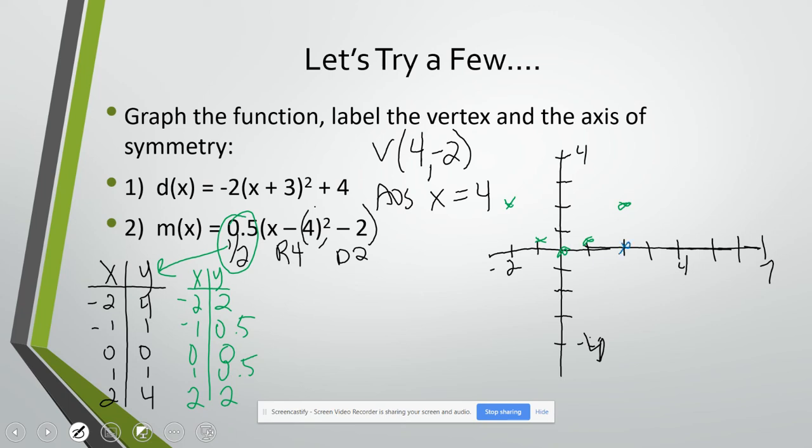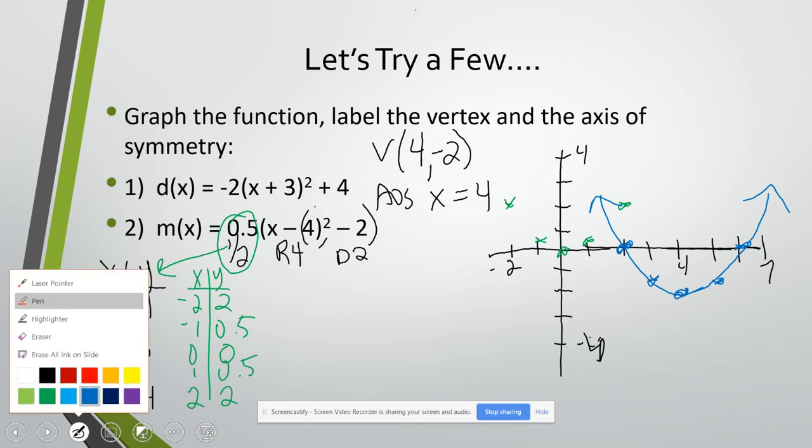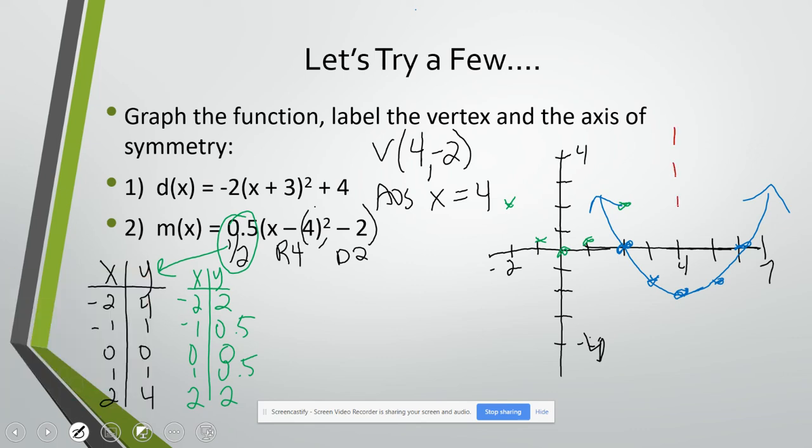So right 4 down 2 brings me here. Right 4 down 2 is here. Our 0, 0, right 4 down 2 at 4, negative 2, here and here. So here is my lovely new parabola. Draw in our axis of symmetry at x is equal to 4.